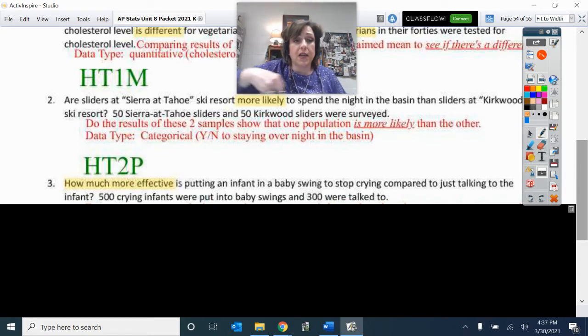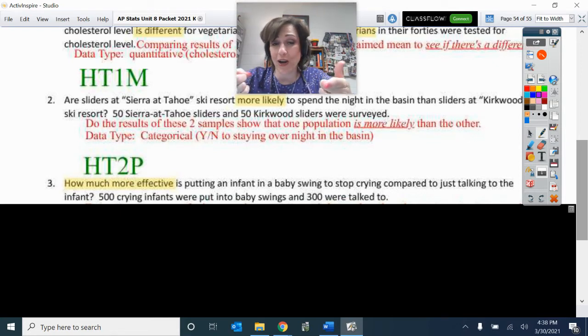So I'm going to be doing a confidence interval. Okay. Now I got 500 crying infants to put in the swing, and this is then a different 300 that are talked to. So 2 independent samples. Okay. Now, so we're down to confidence interval for 2 samples, but is it a mean or proportion? So let's see. We are going to get them to stop crying.